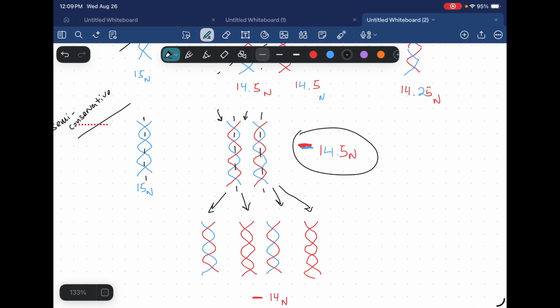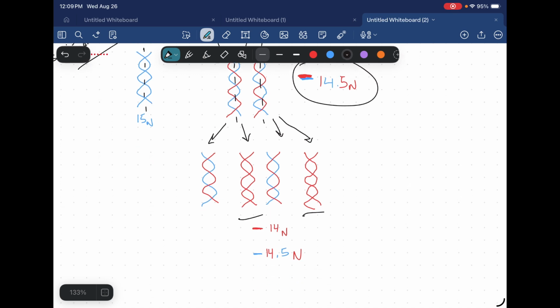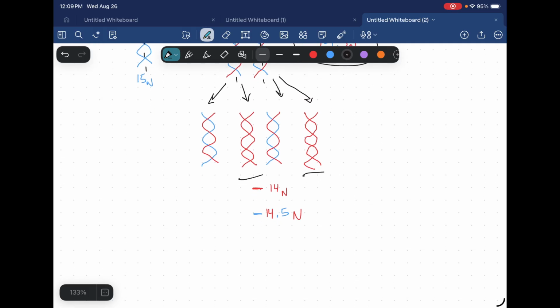The 15N strand produces another hybrid molecule containing 15N and 14N, while the 14N strand is going to separate and produce a completely light molecule containing only 14N. So after the second round, you're going to have two unique bands, an intermediate 15N/14N band and a completely light 14N band.